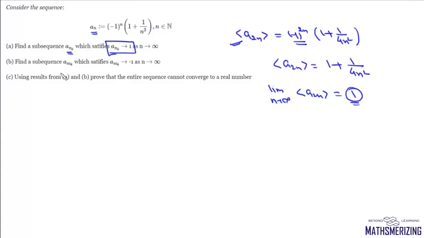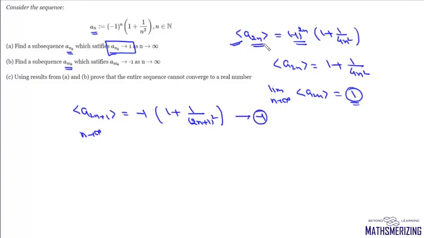Now the next one is, find a subsequence amk which satisfies amk equals minus 1. Now if we take this subsequence a2n plus 1, then we'll get minus 1 into 1 plus 1 upon 2n plus 1 whole square. Now if we take this limit n tends to infinite, we'll get this limit as minus 1.